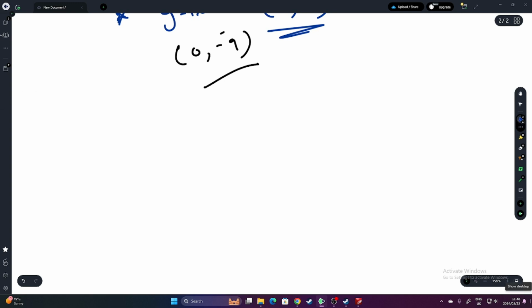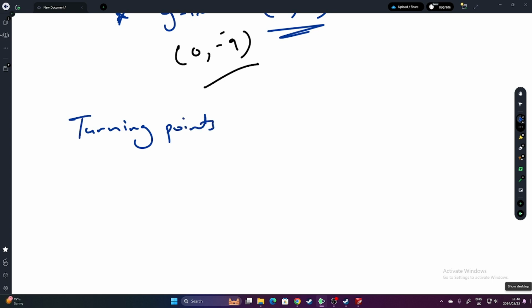However, before we go on to how to find the turning points, let's just discuss one thing about the word turning points. Sometimes when you're looking at question papers, they won't refer to turning points as turning points. They refer to it as stationary points. So it's an alternate name for it.